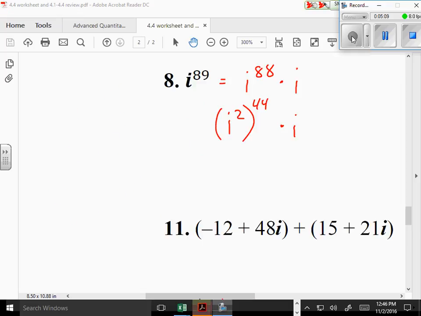Negative 1 to the 44th power times i, and negative 1 to an even exponent is going to be a positive 1. Positive 1 times i, yeah.